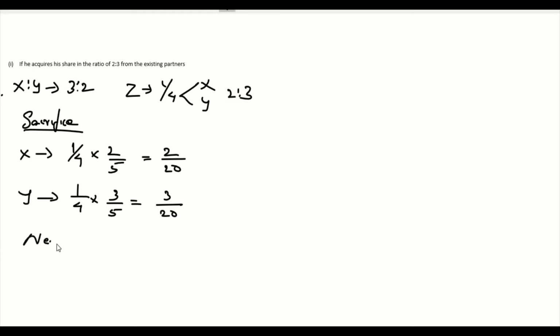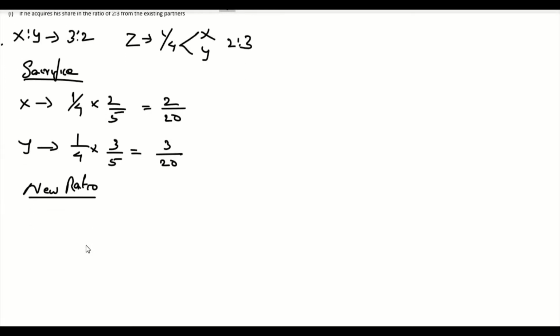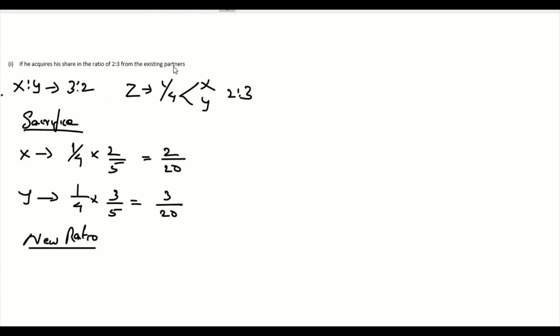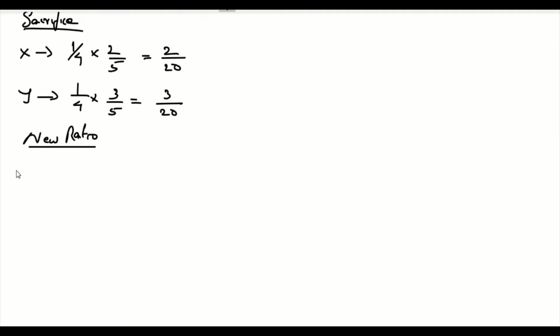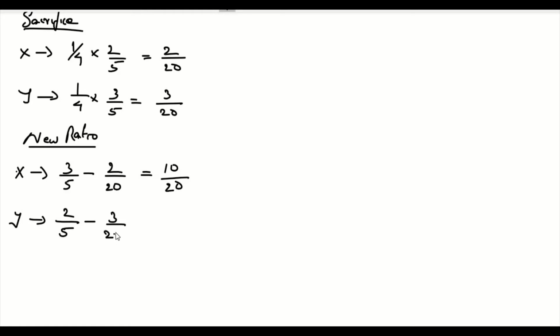Now we need to find the new ratio. We know the existing share of profit for X and Y, which is 3:2. Now we need to find the new ratio for X. His existing share is 3/5 minus the sacrifice he has done, which is 2/20. That's equal to 10/20. So Y, its existing share is 2/5 minus the sacrifice he has made, which is 3/20.